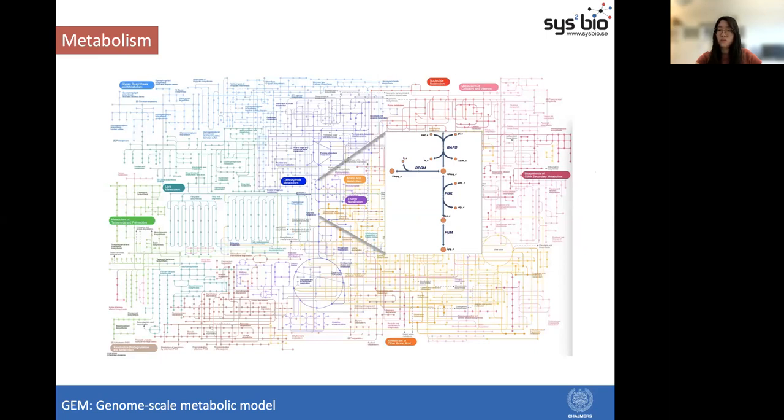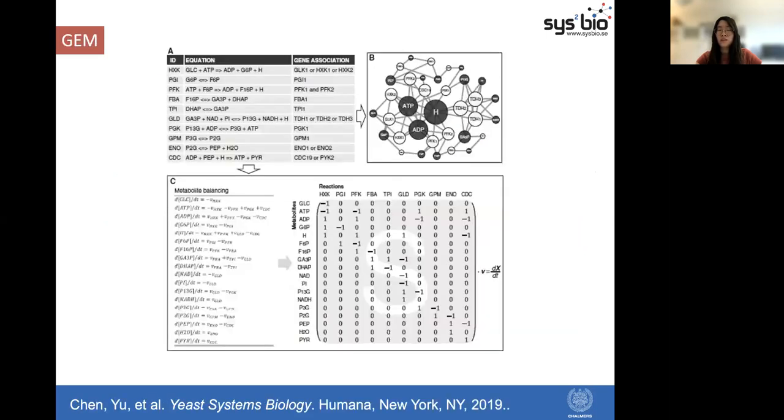And in order to study that in a systematic way, we generate the genome scale metabolic model by converting all these equations, all these reactions, into a mathematical matrix so that the computers can read and simulate.